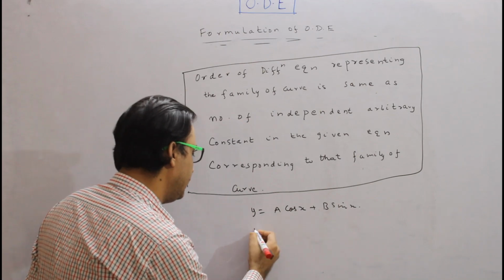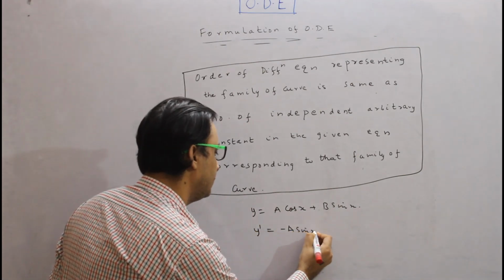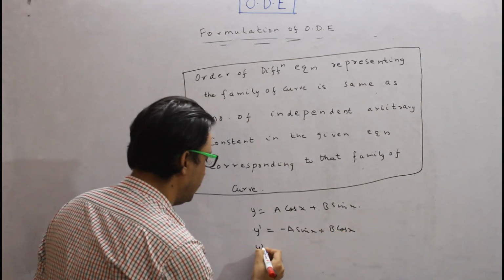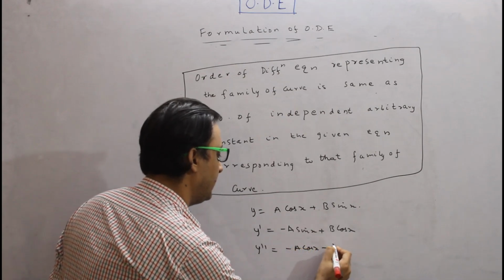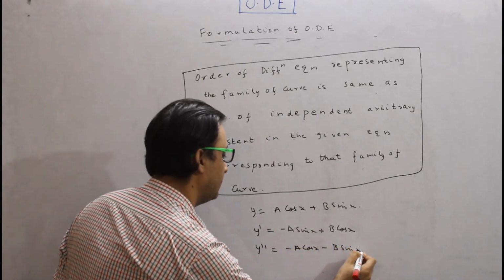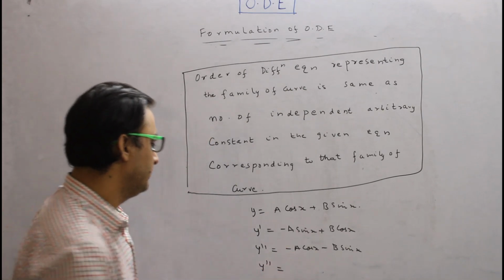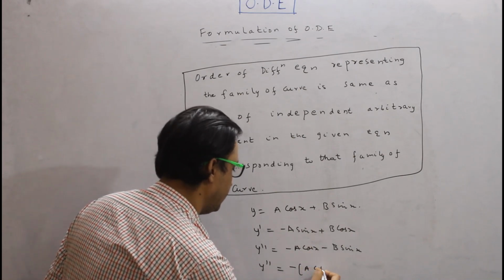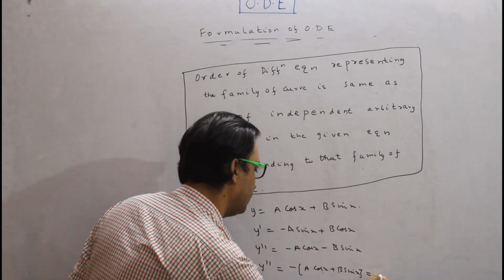So if I differentiate it, y dash is minus a sin x plus b cos x. Again if I differentiate, that becomes minus a cos x minus b sin x. So if we take the minus sign common, this becomes minus of a cos x plus b sin x, which is equal to minus y.